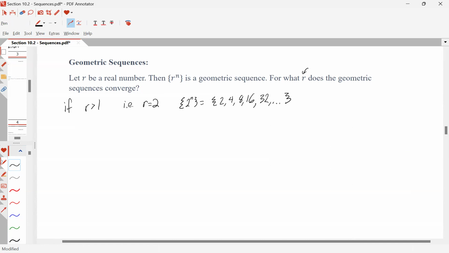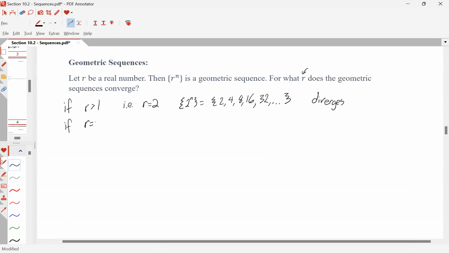This is not converging to a single number. It is growing exponentially. Next term would be 64, then 128. It's getting big very quickly. So it doesn't matter what the number is that's bigger than 1. If that common ratio is bigger than 1, the geometric sequence will diverge.